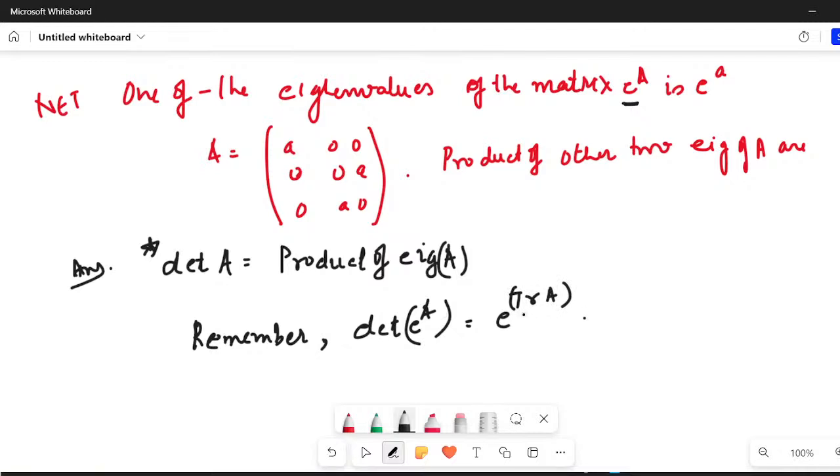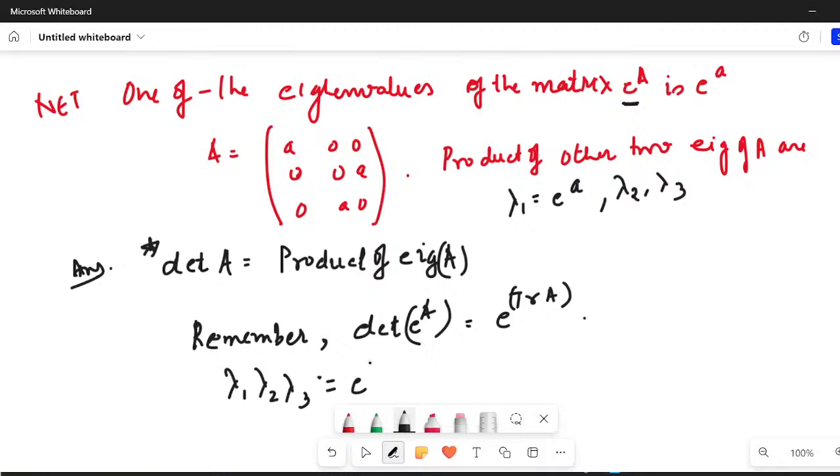Now it has been given to you that one of the eigenvalues is e to the power a. So let's say the other two eigenvalues are lambda 2 and lambda 3, and I know that lambda 1 is equal to e to the power a. So lambda 1 into lambda 2 into lambda 3 should be e to the power of trace of A.